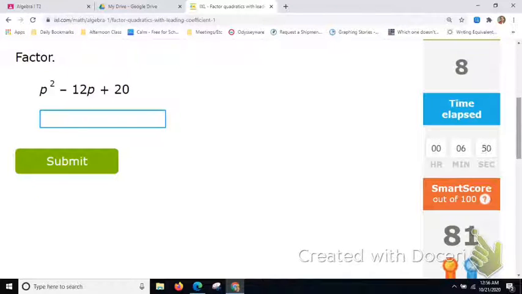And then in this case now, they're both going to be negative, right? Because the signs are going to be the same to get a positive 20. So I'll have negative 2 and negative 10.